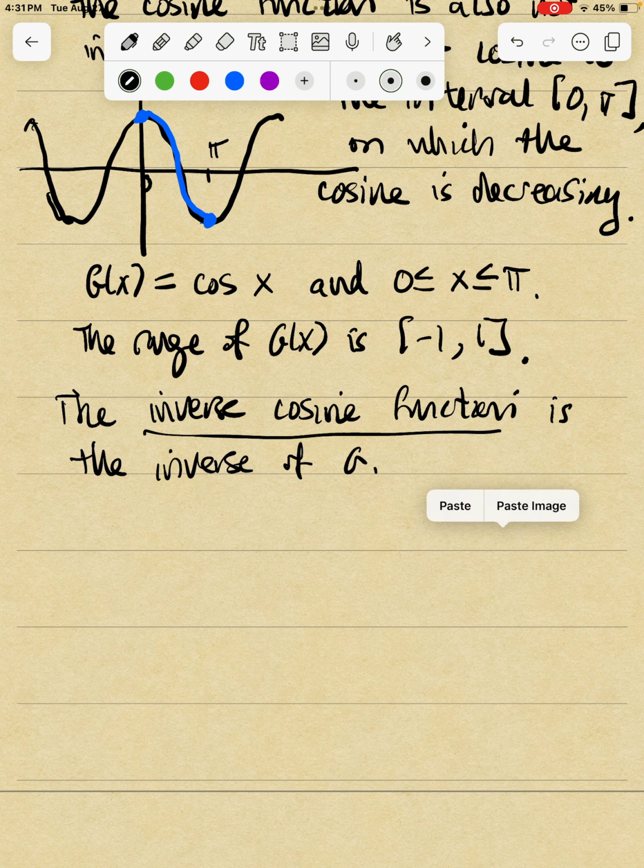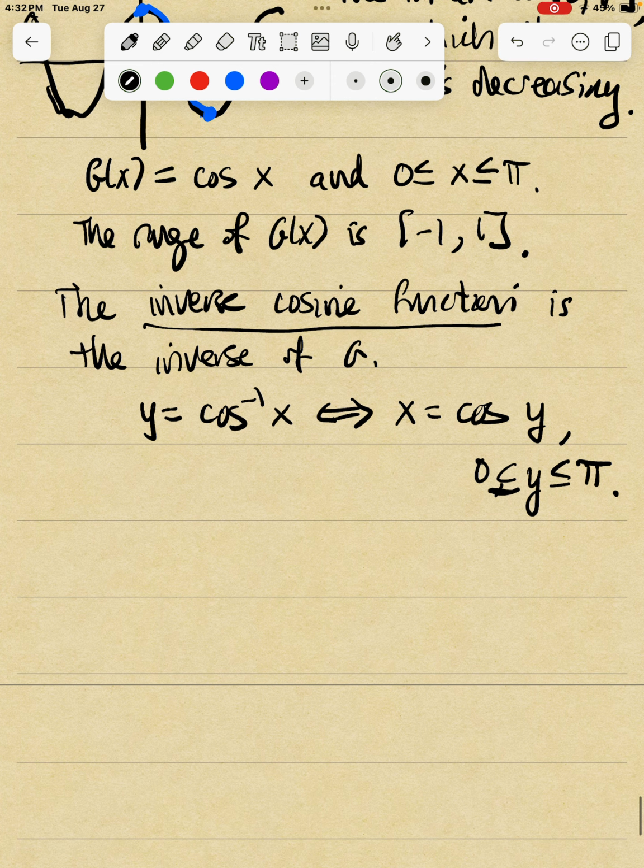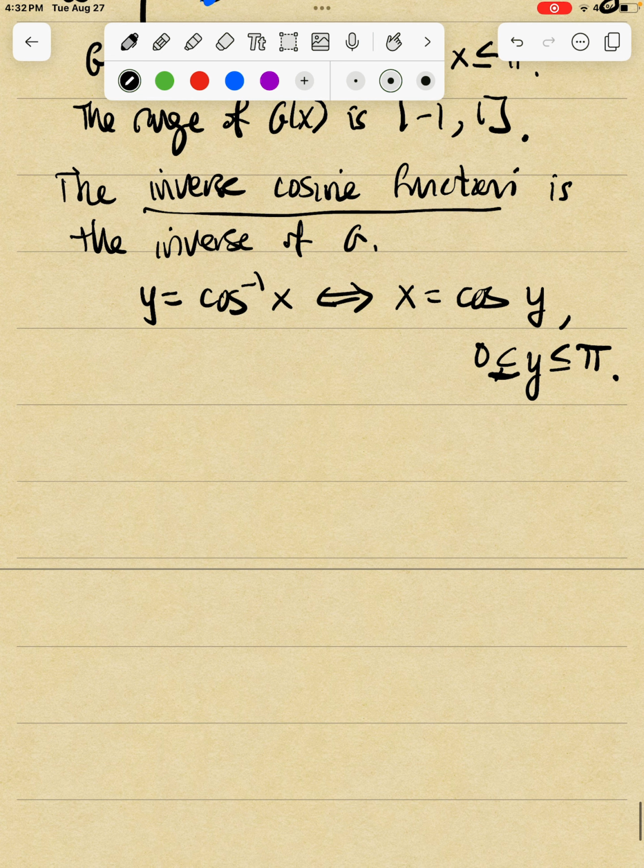In other words, y is equal to arc cosine x if and only if x is equal to cosine y, where y is between 0 and pi. So arc cosine x tells you, when you plug in x, what value of y between 0 and pi you have, such that when you do cosine of that, you get x.